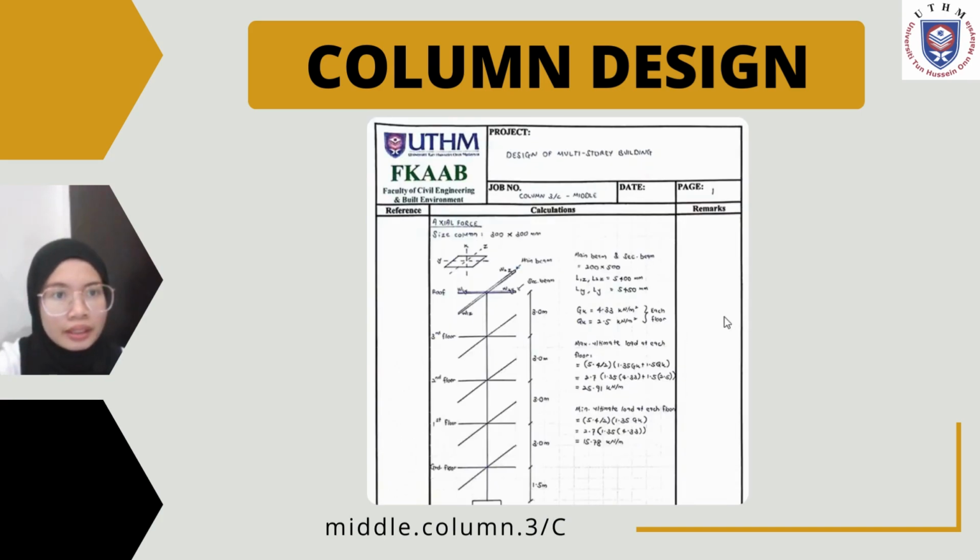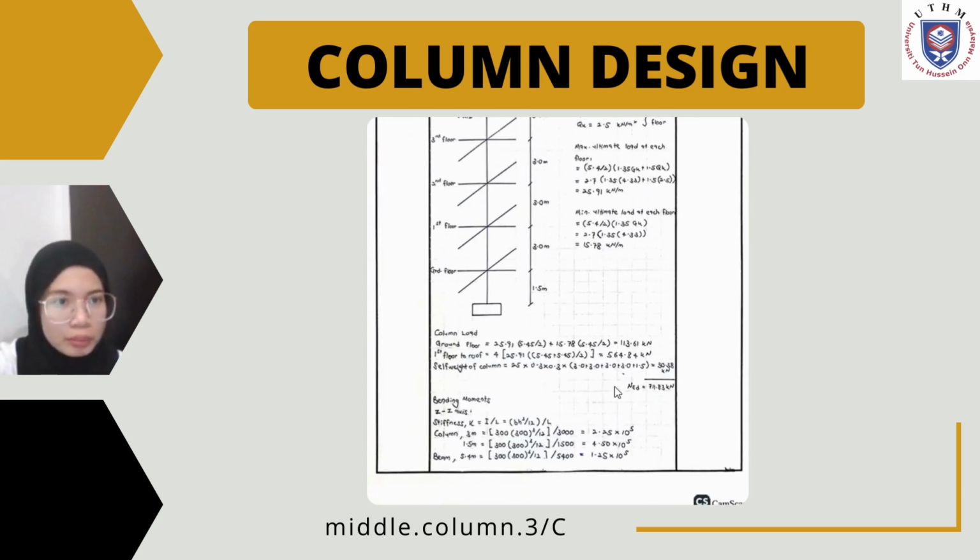Next, the second type is located at the middle, which is 3C. The calculation is similar to the side column, but there are also some differences, like the column load for this column is 711.83 kN.